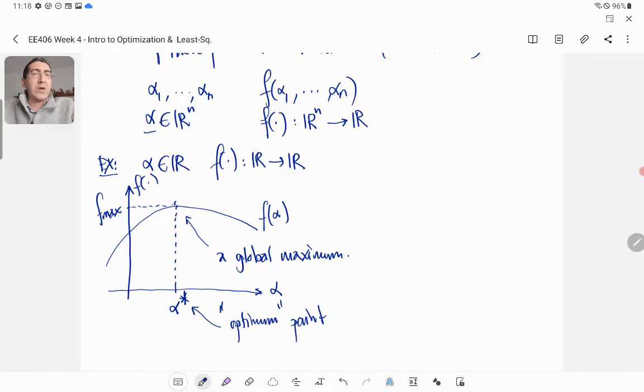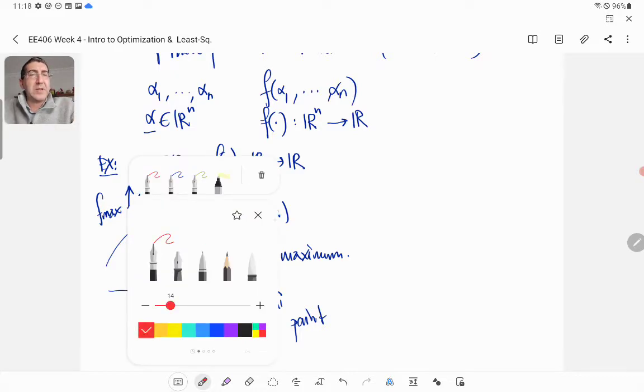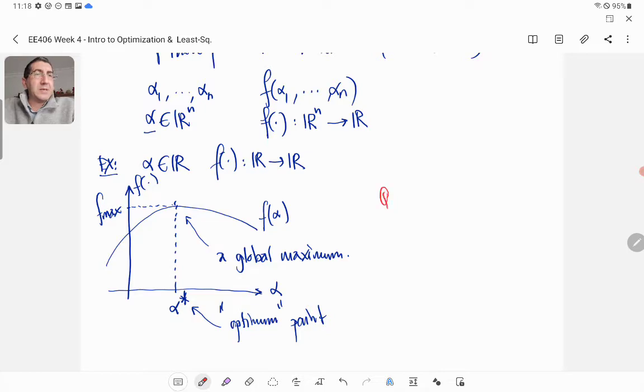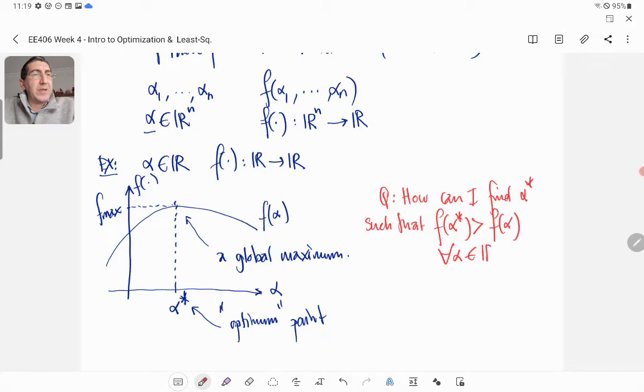Okay, so our question that I'm going to reiterate here is basically how can I find alpha star such that f of alpha star is larger than f of alpha for all alpha which is in the domain.